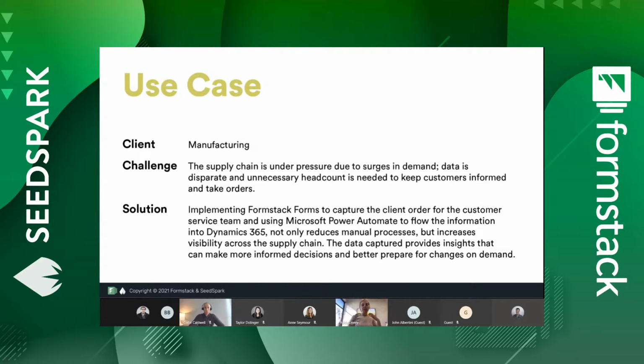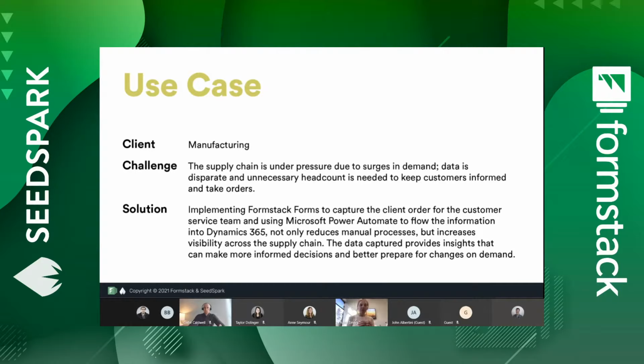What you do here is implement Formstack forms, and that captured the order for the customer. Then through a Power Automate flow, that information went straight into Dynamics, and that provided both the client, their end user client, and internal teams insight into what was happening with the supply chain.